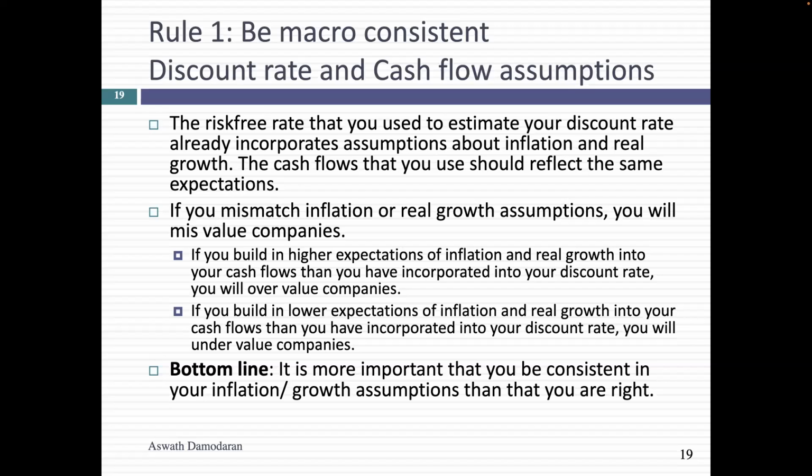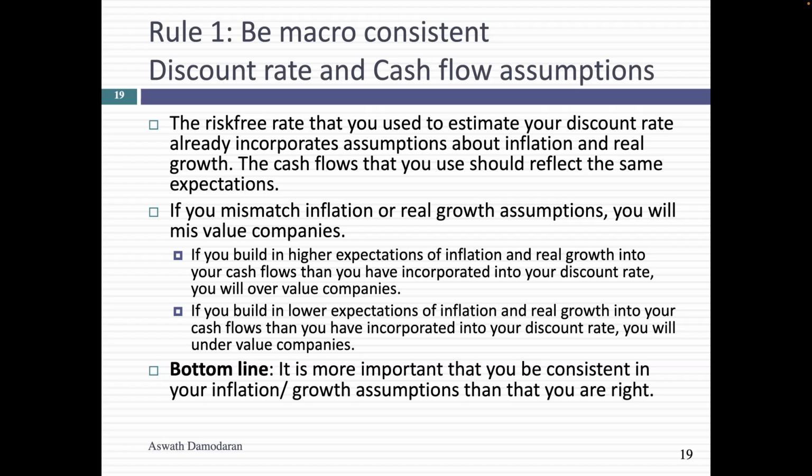So if you build in different expectations of inflation than the market has, be very clear that you're deviating from the consensus, but be consistent within your valuation. You know what I mean by that? If you expect inflation to drop, but to stay at 6 or 7%, which would be 1970s levels, first, what should you be using as a T-bond rate in your valuation?